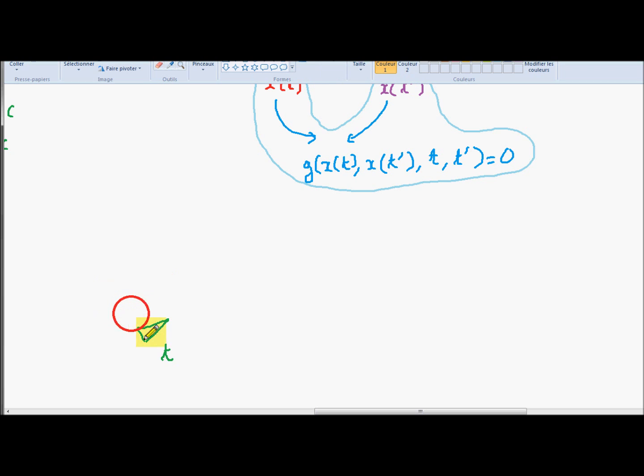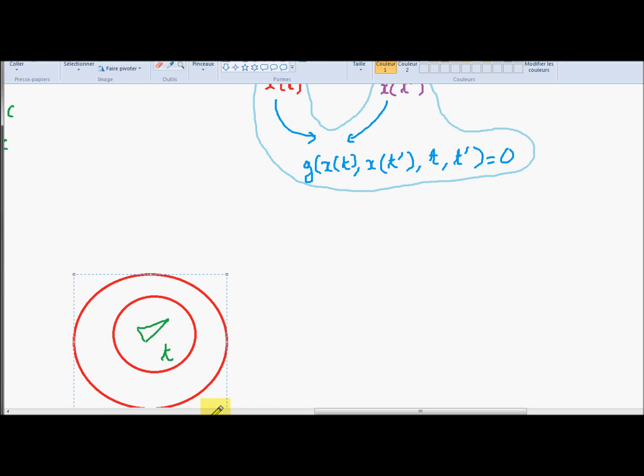I represent like this wave. Okay, and this wave moves with respect to direction like this. Okay, but this robot goes very fast, faster than the sound. It is here at time t prime.